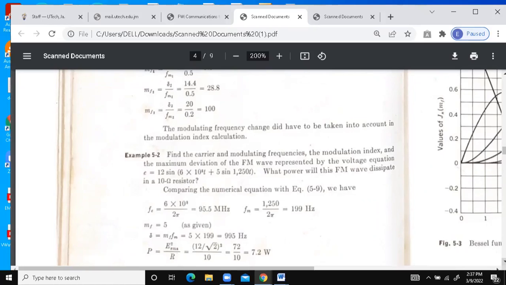Beautiful. Would it be the carrier amplitude, the voltage, 12? Or you convert it to RMS. Yes, you have to divide it by √2. Okay.